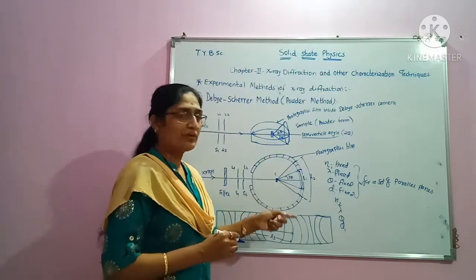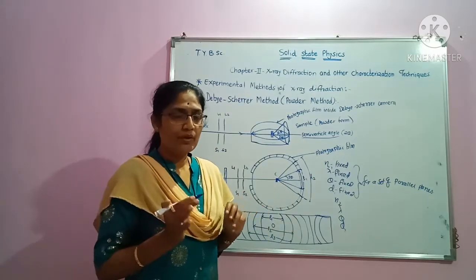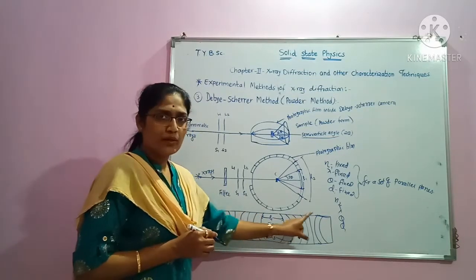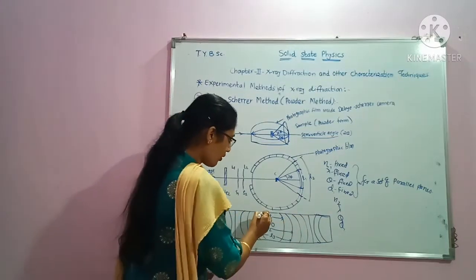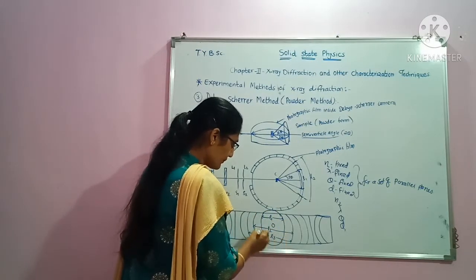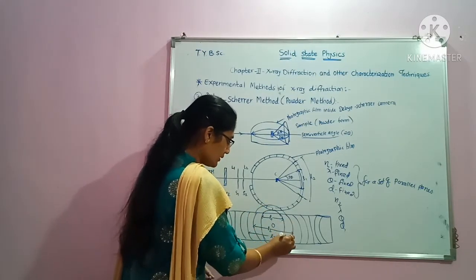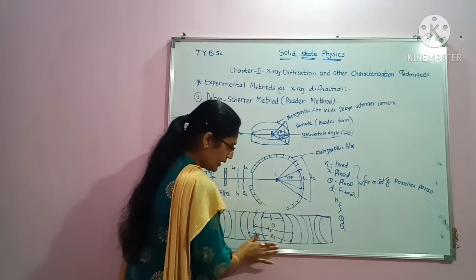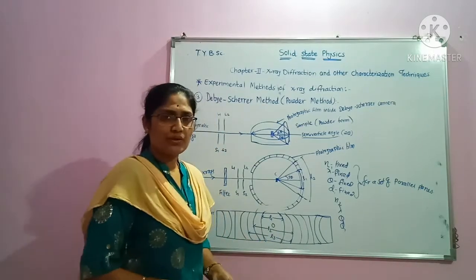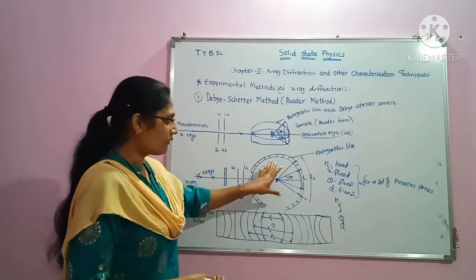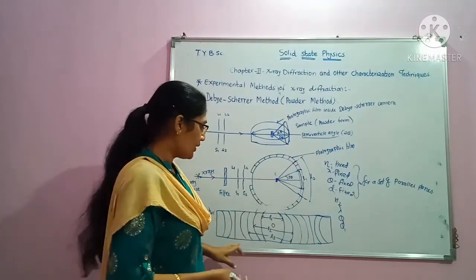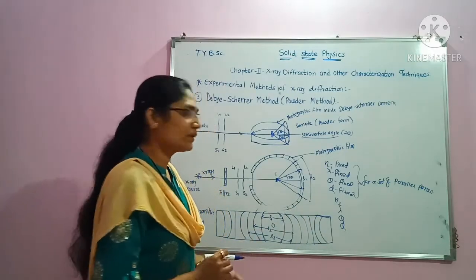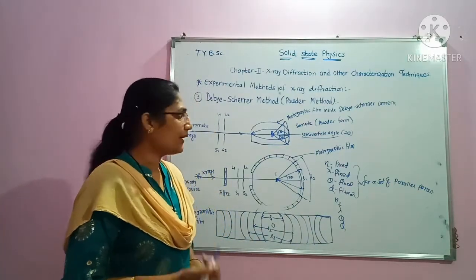On the photographic film we see arcs, because the film is of narrow width, and because of that we do not get complete circles, but only curvatures as shown in the figure. After developing the photographic film we get such a strip, and that is nothing but the photograph after X-ray diffraction.